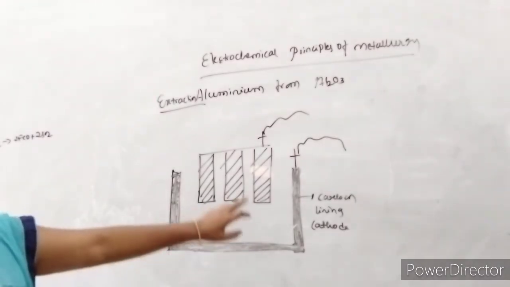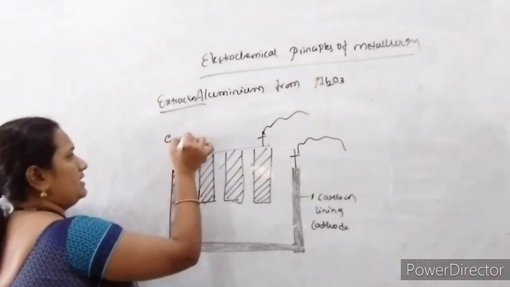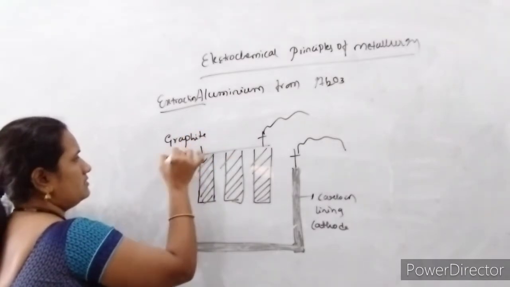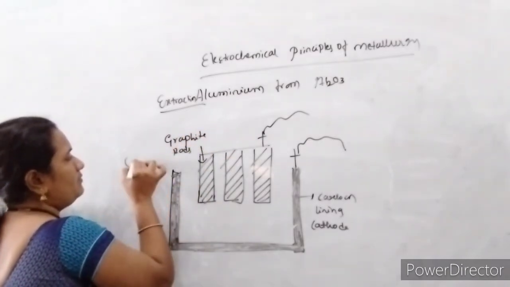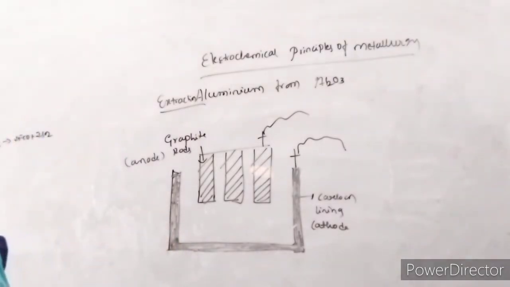So these graphite rods will be acting as the anodes. In this steel vessel container, we are now ready to add the molten Al2O3.